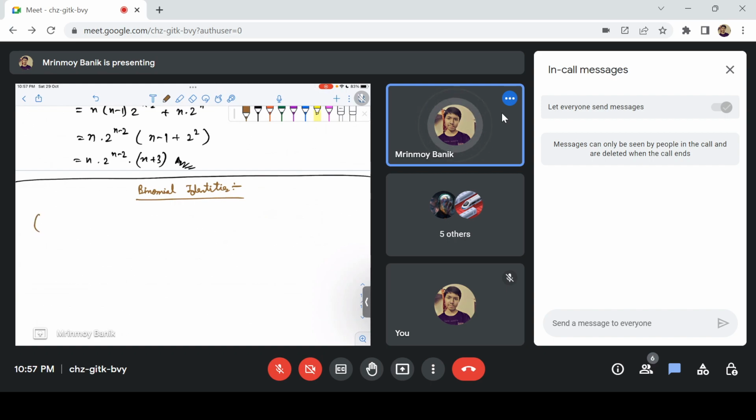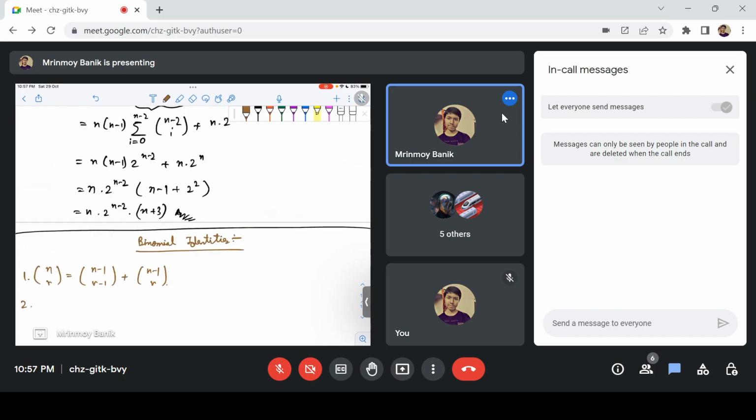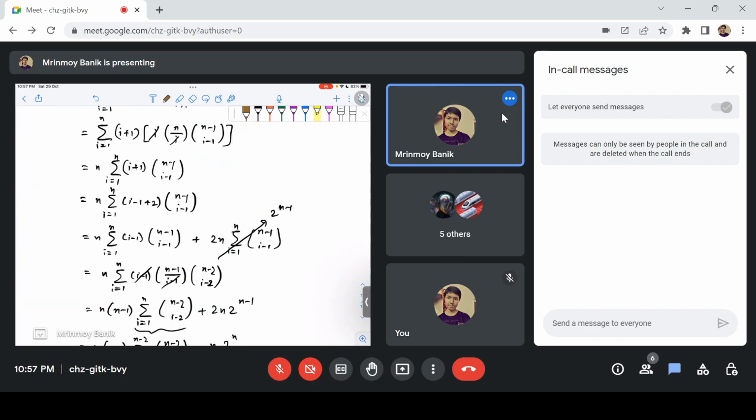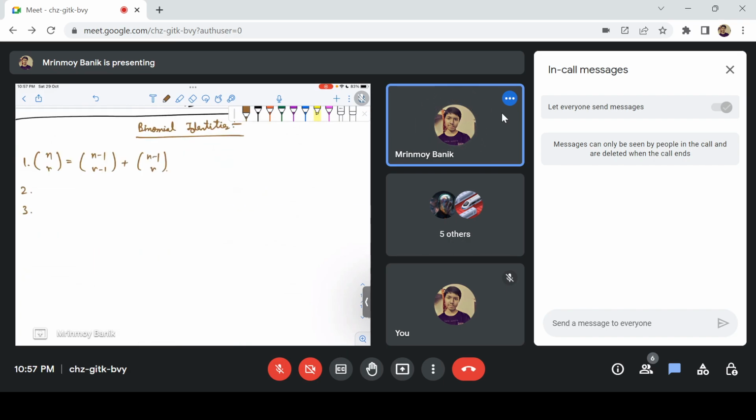First, we have Pascal's identity. nCr is equal to n minus 1 C r minus 1 plus n minus 1 C r. Second, we have these two.